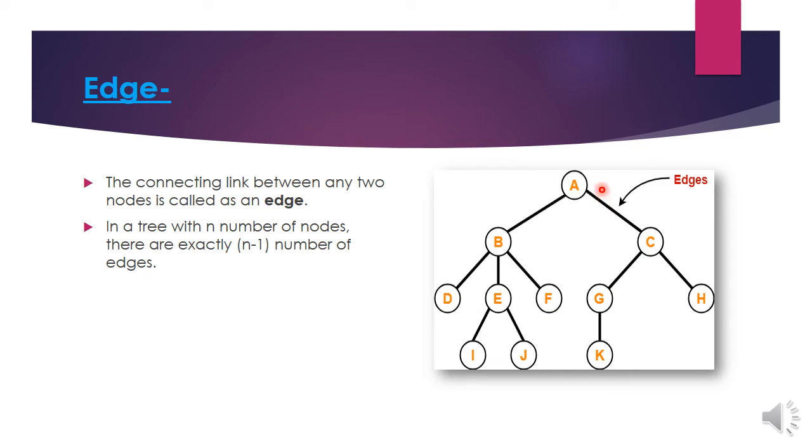So there are a total of 11 nodes. How many edges should there be? 11 minus 1 is equal to 10. Let's check: 1 2 3 4 5 6 7 8 9 10. Exactly right, here are 10 edges.